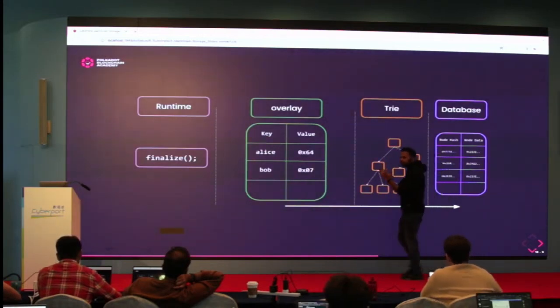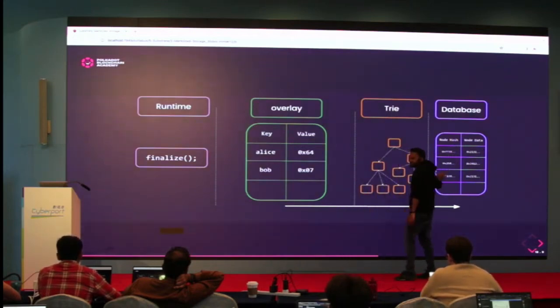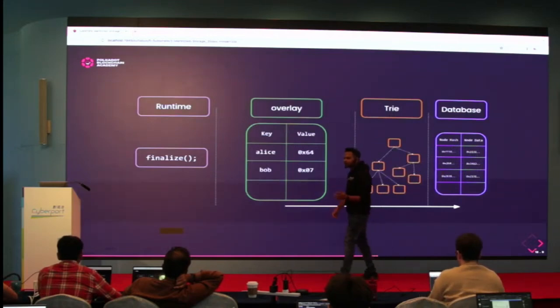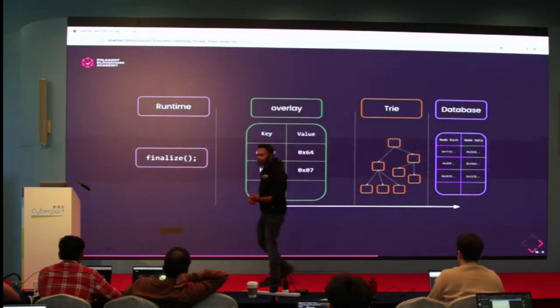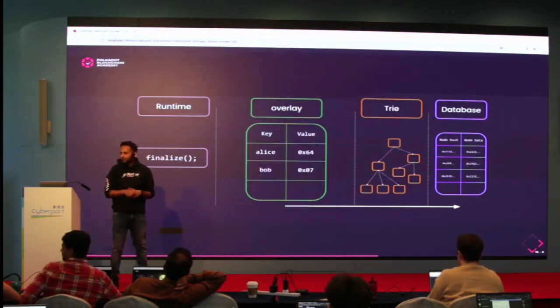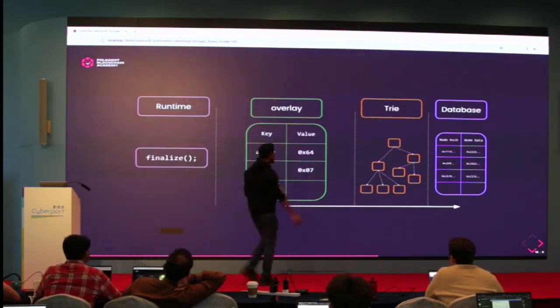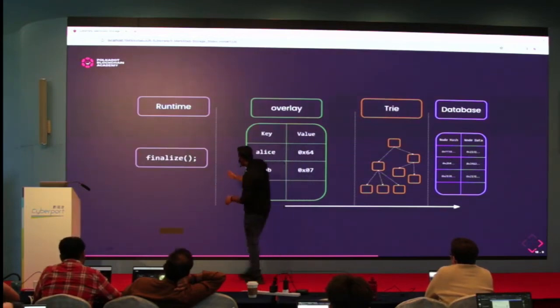It's not really a physical data storage. The physical thing is this database. And the first question was, where does the overlay live? It's on the node side. Everything is on the node side. This is runtime. Everything on the right is node.